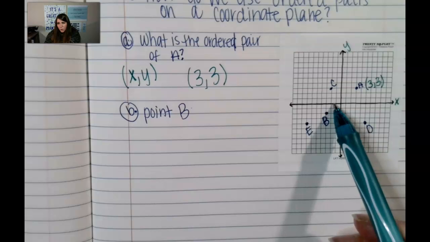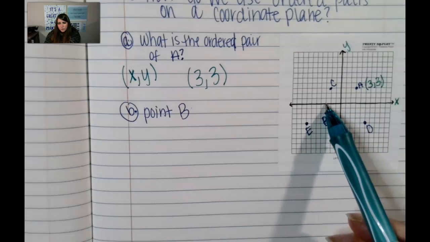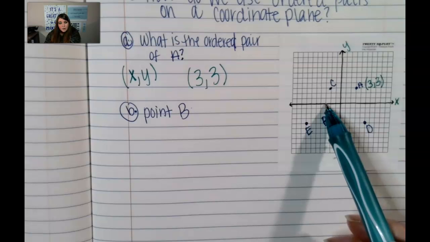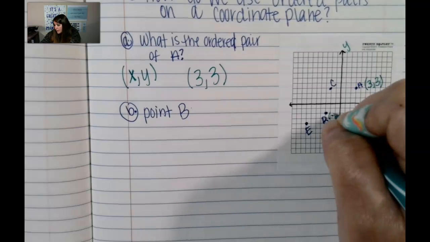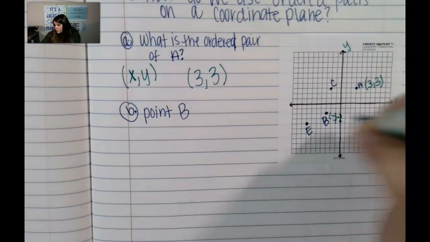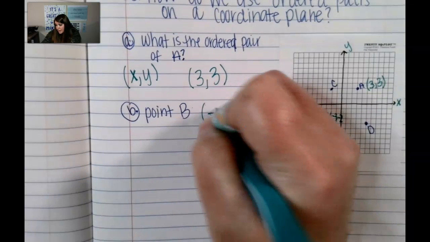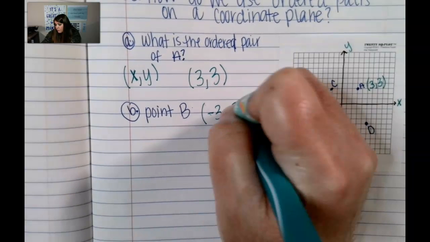So we're going to go 1, 2, 3 places to the left. So we're negative 3, and then we're down 1, 2. So point B is at negative 3, negative 2.